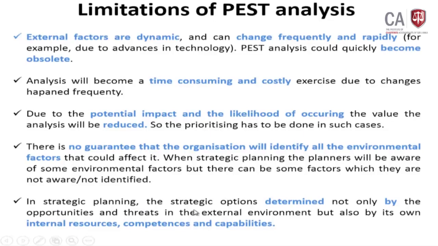In strategic planning, the strategic option is determined not only by opportunities and threats in the external environment, but also by its own internal resources, competencies and capabilities. Not only the external things, the internal resources in the organization and also their capabilities and competencies also affect it. So there can be so many factors beyond the PEST analysis items that we explained here: economic, political, legal and technology.